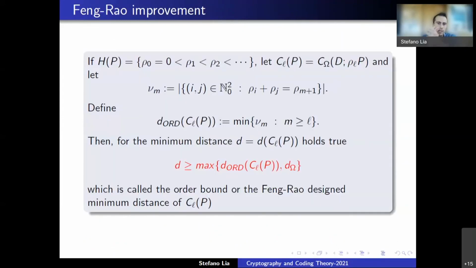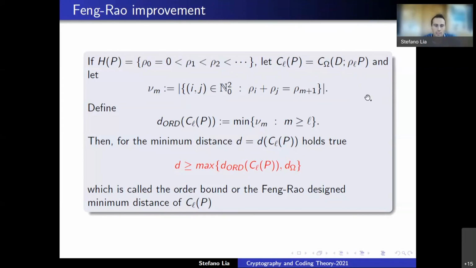Now, as I told you before, if you know the Weierstrass semigroup at a point P, then you can sometimes get an improvement on the Goppa bound. So if the Weierstrass semigroup at the point P is this one, rho_0, and so on, then you can construct the one-point AG codes, actually a dual code, C_Omega, with divisor G given by rho_L P, namely the multiplicity of P has to be the L-th non-gap of the Weierstrass semigroup.